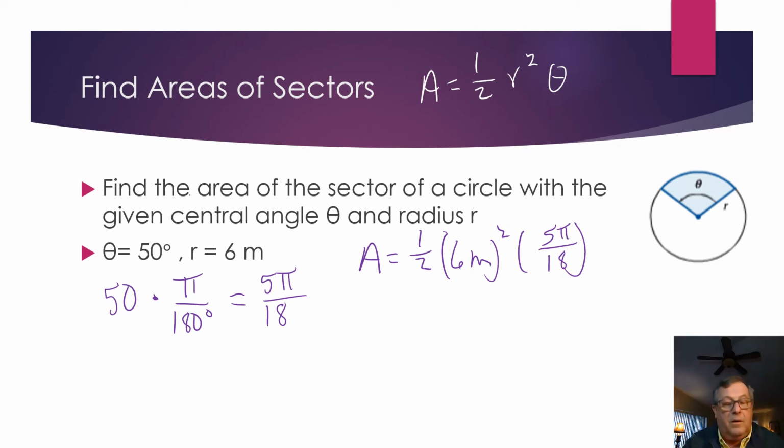Oh, that equals 31.415. I'm going to divide that by 2, times 1/2, and round it to the nearest hundredth. So the area then is equal to 15.71. And what's my unit of measurement? Meters squared.